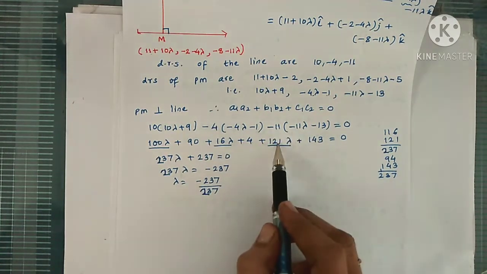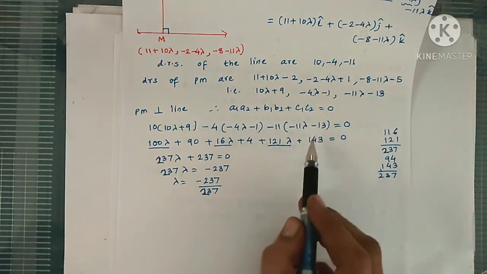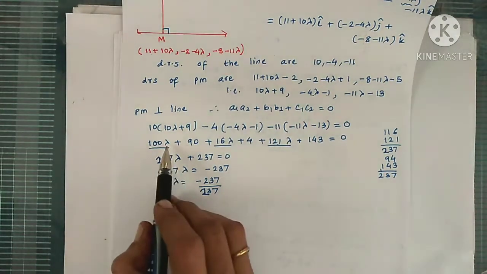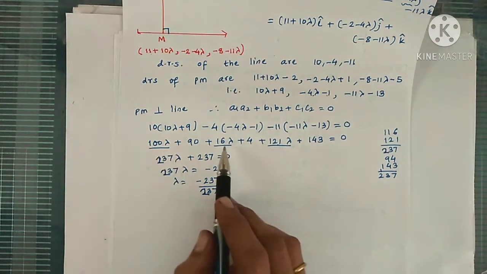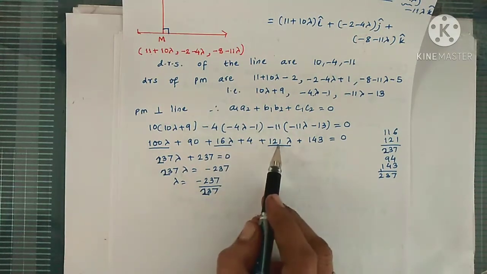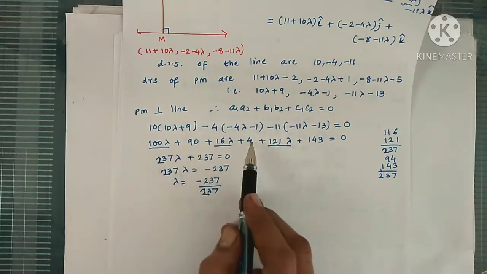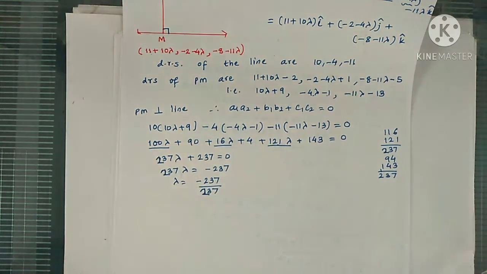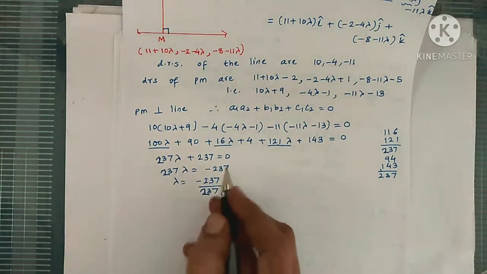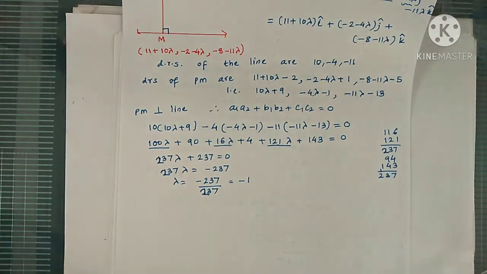Here also we have a positive sign and the term is 121 lambda, minus minus plus 143 equals 0. Collecting terms in lambda, we have 100 lambda plus 16 lambda, that is 116, plus 121, so that gives us 237 lambda. 90 plus 4 plus 143 is also 237. So 237 lambda equals minus 237. So the value of lambda is minus 1.